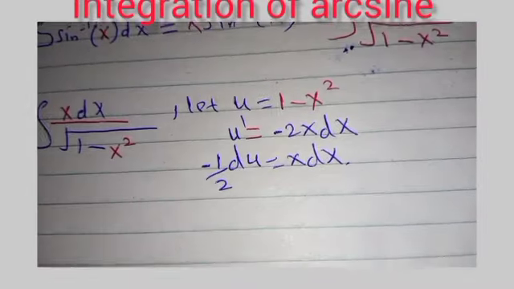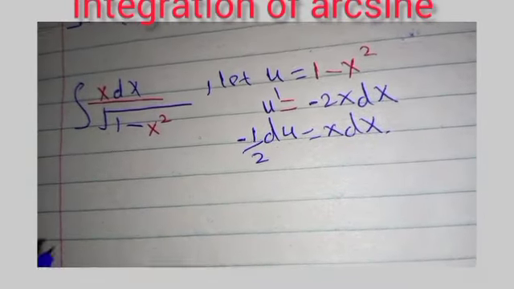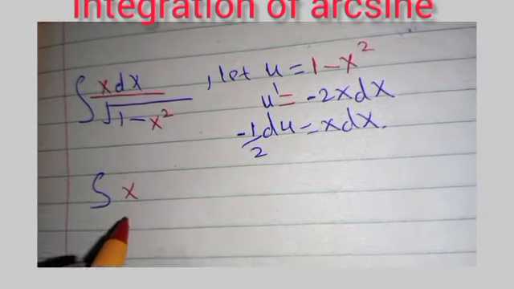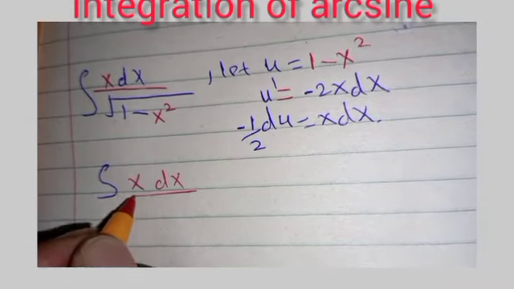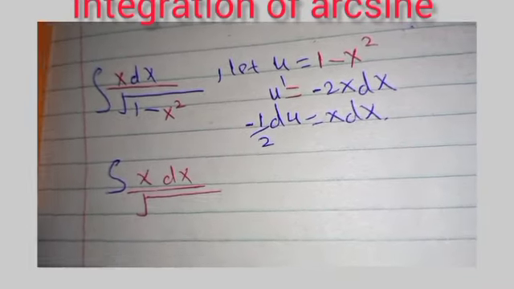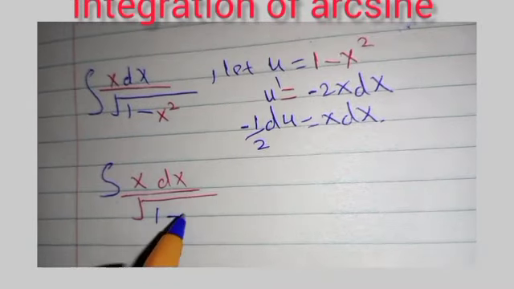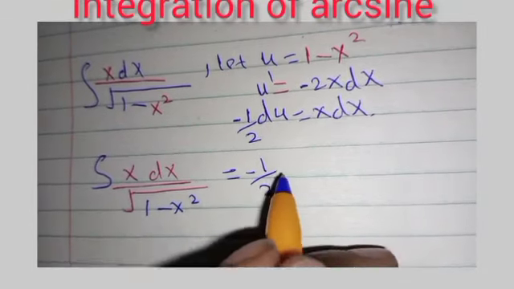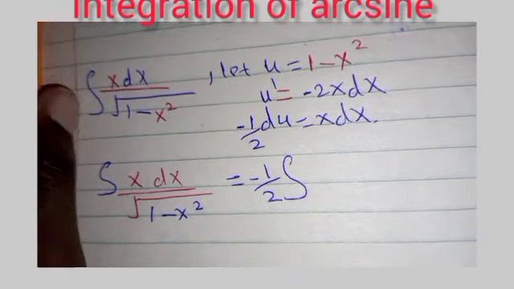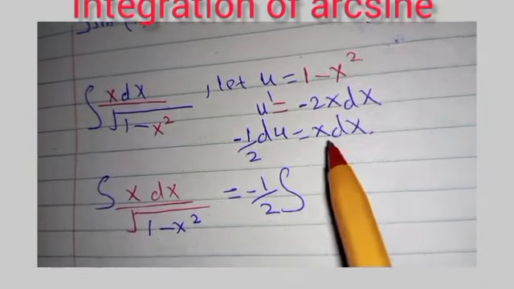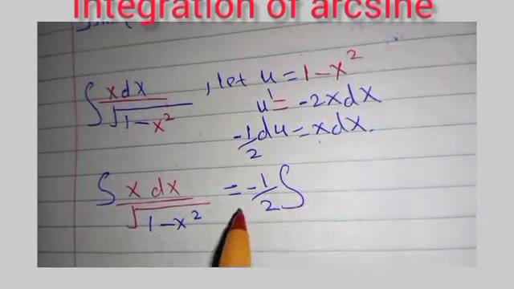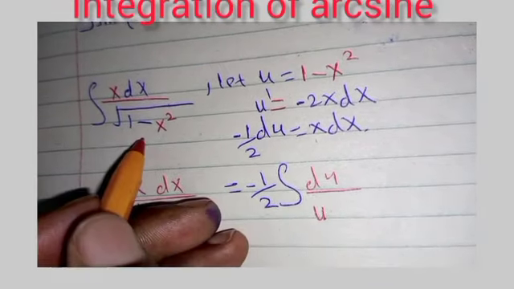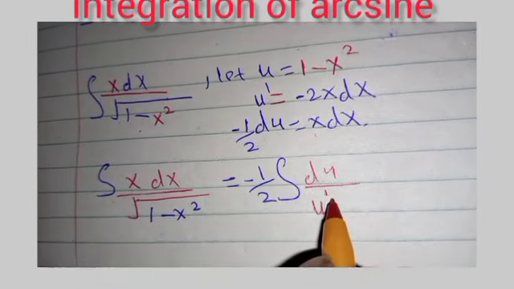Then we come and substitute our result here. The integral of x dx divided by the square root of 1 minus x squared is equal to negative half the integral of, instead of x dx is du, this negative half is outside, du divided by the square root of u, which is the same as u power half.